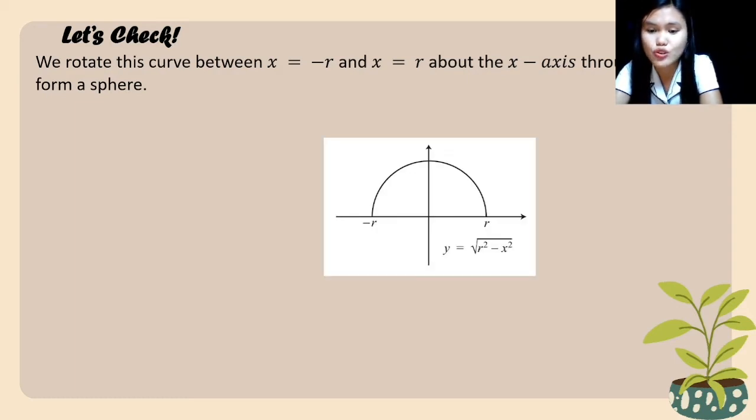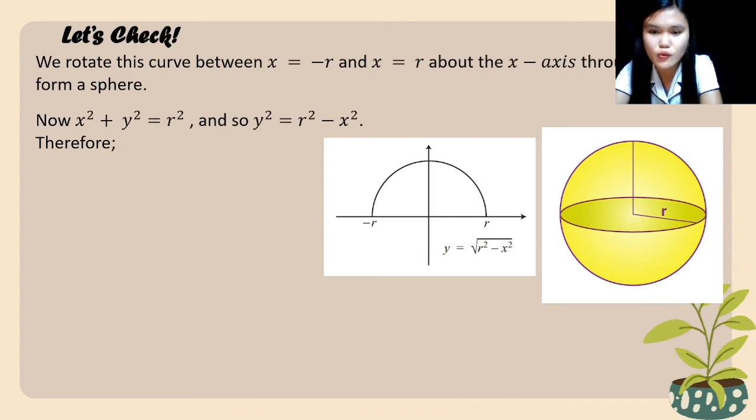So this is the resulting graph, y equal to the square root of r squared minus x squared. Okay, so we have here the 2D figure and the 3D figure for your understanding. Now, x squared plus y squared is equal to r squared. And so we will have y squared equal to r squared minus x squared.